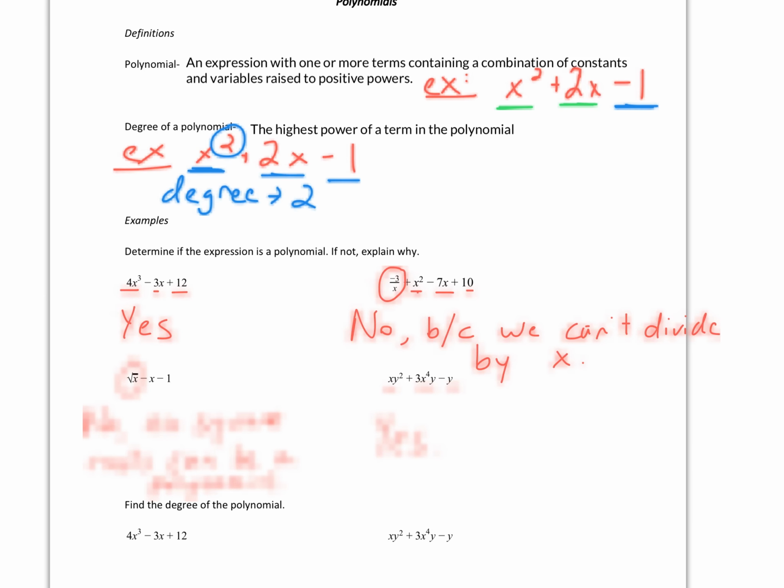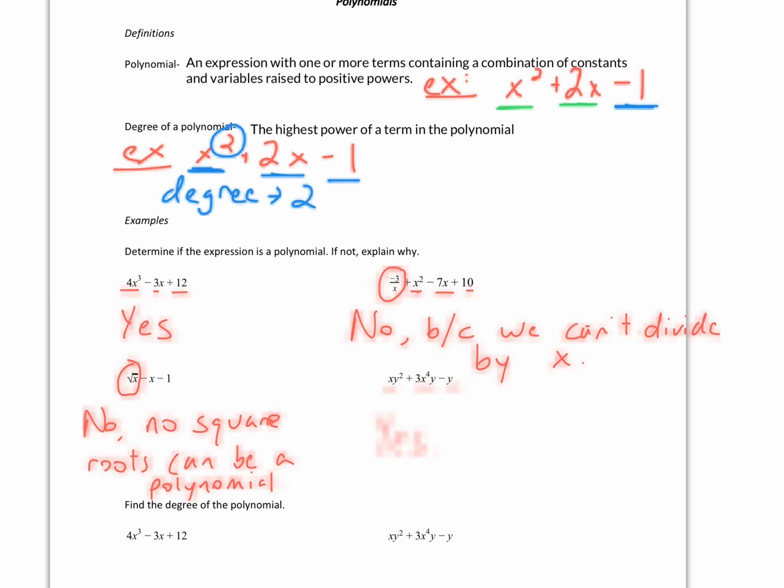The next one, I have the square root of x minus 1. Again, not allowed to have radicals in our polynomial. So I'm going to say no square roots can be a polynomial.